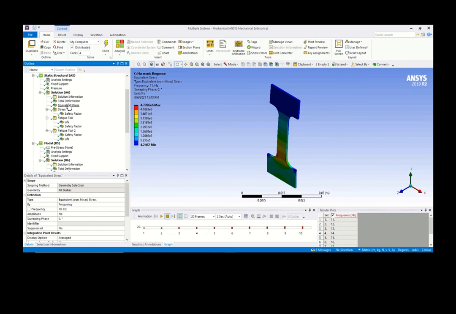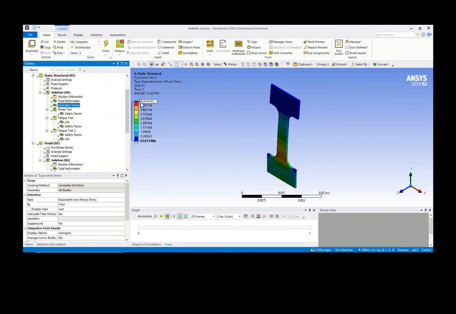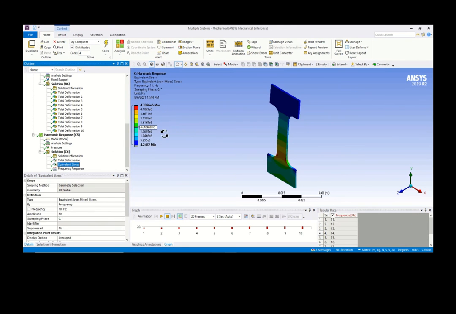The 10 or 11 hertz is very, very far away from this 300. The contribution from the first mode or other modes coming into play is very, very insignificant. So it's around 4.71 megapascal, similar to the static case.